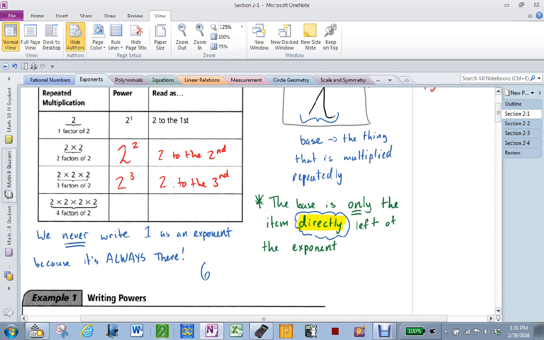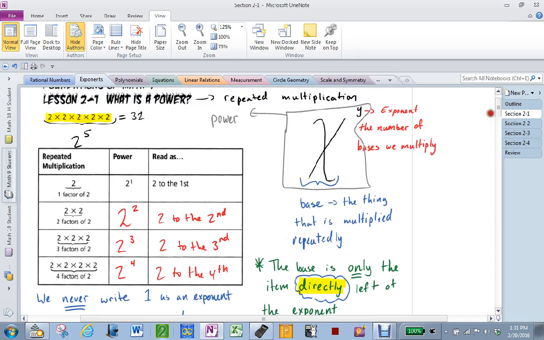We only have squared and cubed. So what's this one? 2 to the fourth. Is everyone cool? So, this is x to the y. Does everybody understand? Okay.